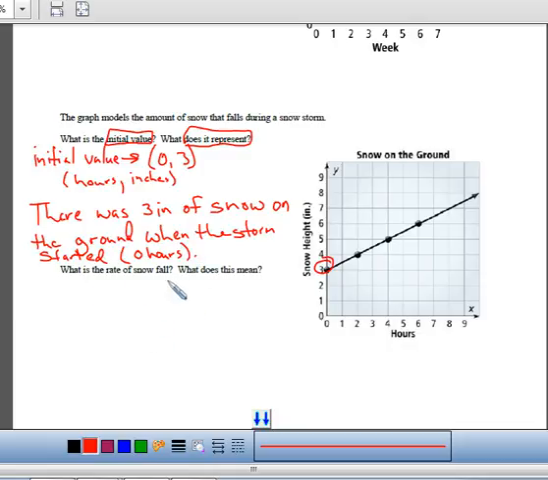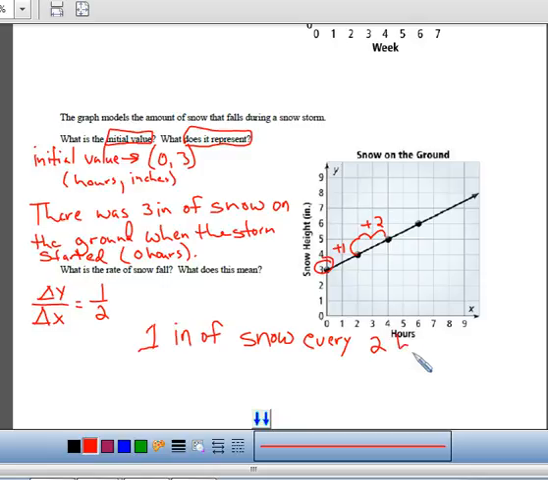Okay? What is the rate of the snowfall, and what does it mean? So for this, I'm going to find the slope. The change in y is +1. The change in x is +2. So change in y over change in x, and we're all experts at that now, is 1/2. What does that mean? It means 1 inch of snow every 2 hours.